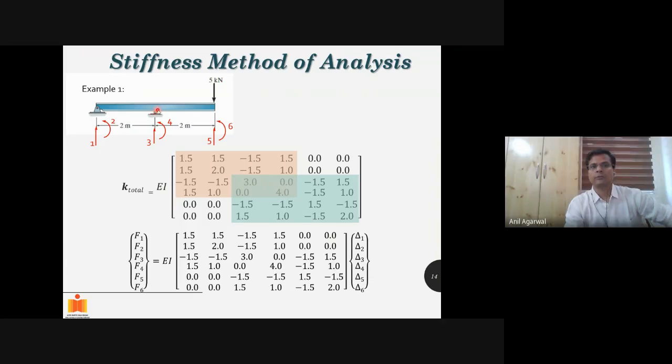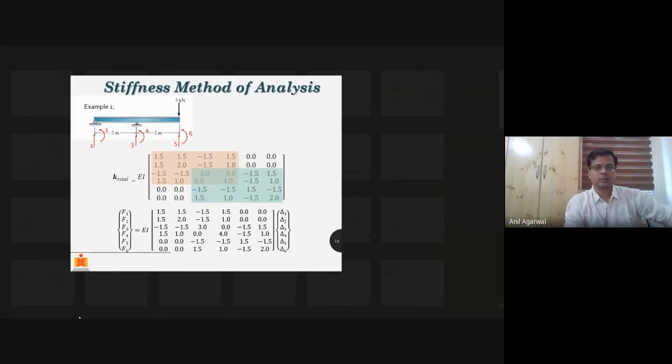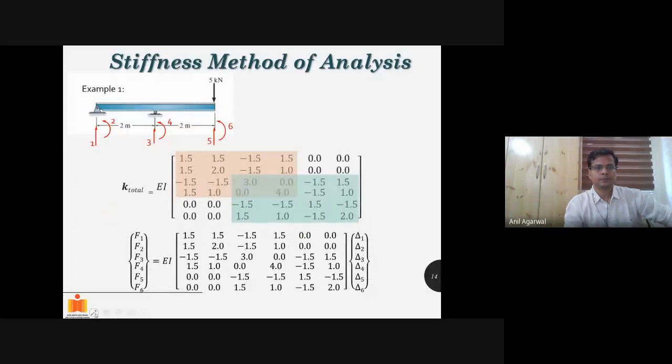Similarly, rotation. So if I want to produce a unit rotation at the 4th degree of freedom, let's say, if I want to make it deform this way, like this, this beam has to rotate and this beam has to rotate.